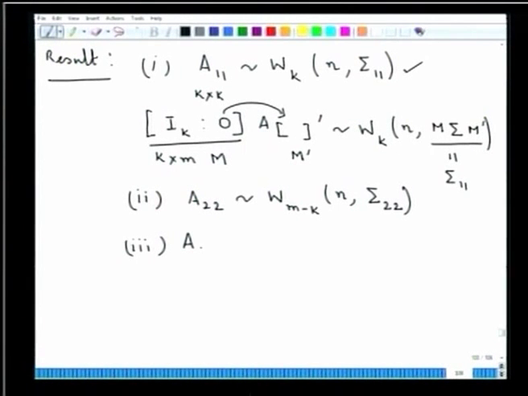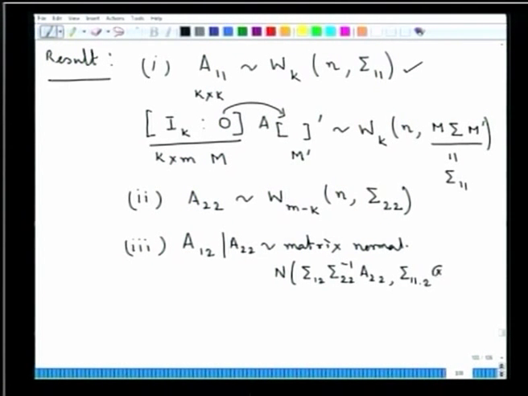We also have the third result: if we look at A12 given A22, this will follow a matrix normal distribution with the following parameters: sigma 12 sigma 22 inverse A22 as the mean matrix, and the associated variance covariance matrix would be given by sigma 11 dot 2 Kronecker product A22, where this sigma 11 dot 2 is the usual matrix, that is, sigma 11 minus sigma 12 sigma 22 inverse multiplied by sigma 21.